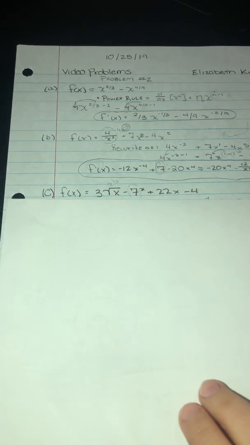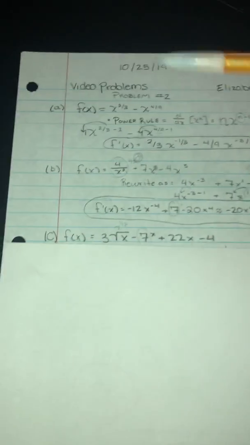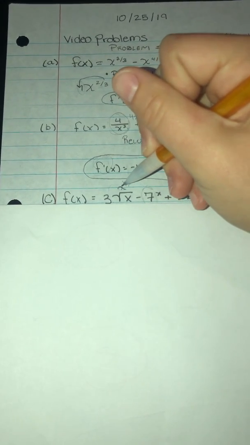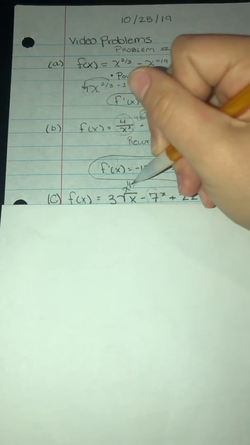So for the last part of this problem, the problem reads f of x equals 3 times the square root of x minus 7 to the x power plus 22x minus 4. When you have a square root in your problem like this, and you're finding the derivative, you want to rewrite this as x to the half.